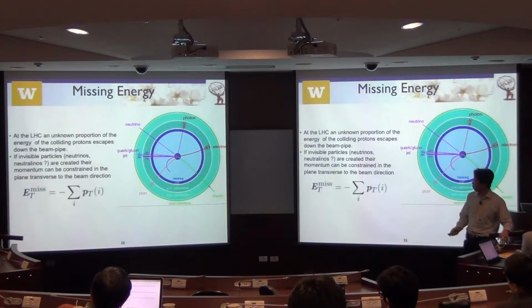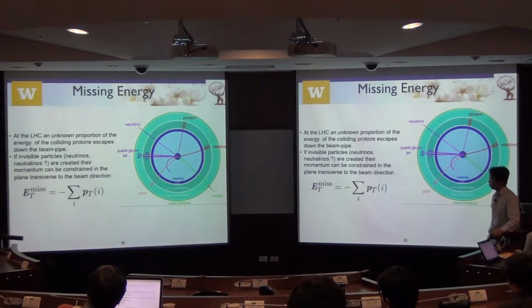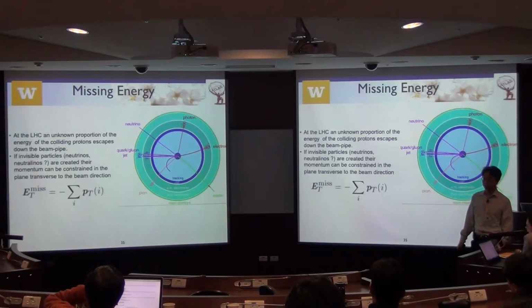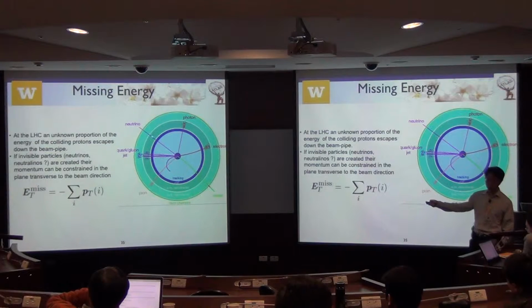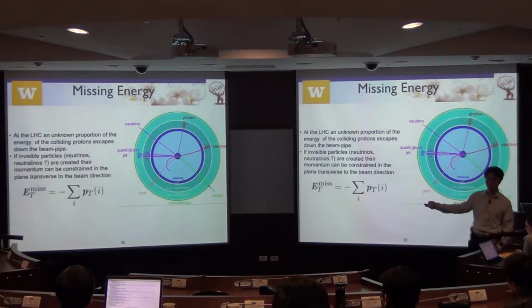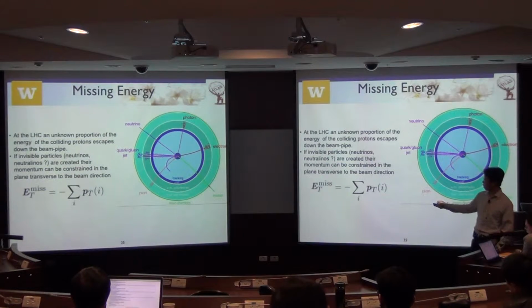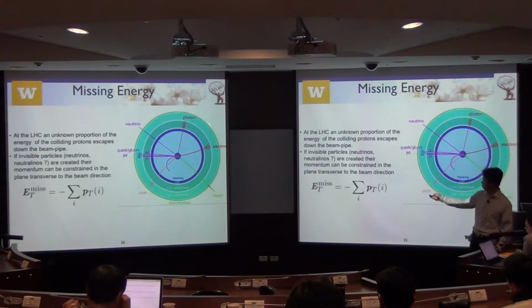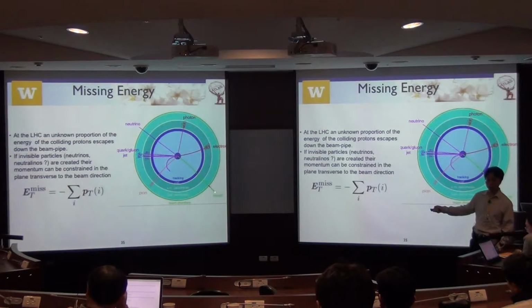Right? And then finally there's an interesting object which is called the missing energy. The idea is that a neutrino could be produced in a detector, but a neutrino has almost no interaction with your material. So what we do is sum up all the energy that all the other particles deposit in the detector, and you do a vector sum.